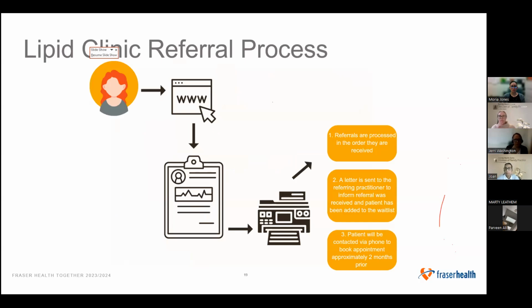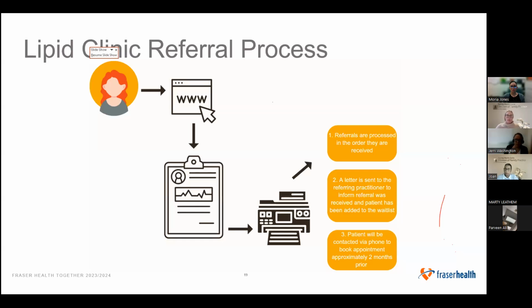So in terms of the referral process, same thing. We received the referrals via fax. They're pended into our system, and then they're put into a filing cabinet for a year. We do notify you at the time of the referral, faxing a letter to you to let you know that we've received the referral and the client has been added to the wait list.